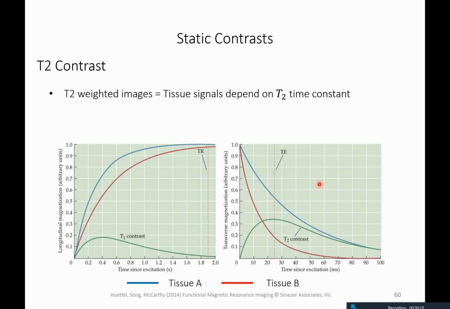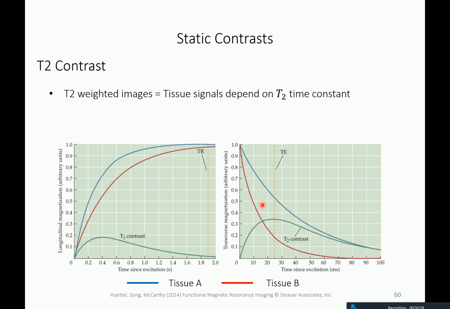Does anyone think they can explain it from these graphs and explain the logic? I would say you want to choose your TE so you could catch the highest difference between the two graphs, between the two tissues, and that would be an intermediate point.